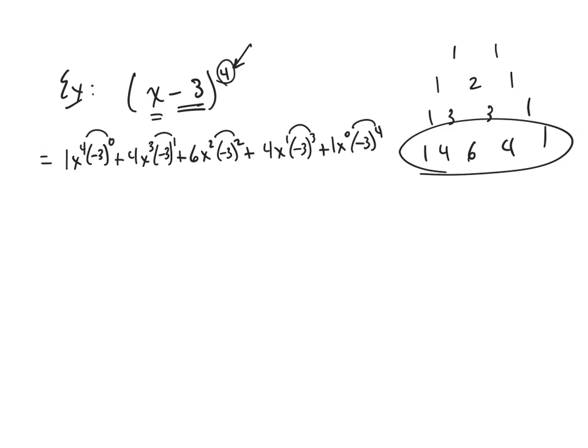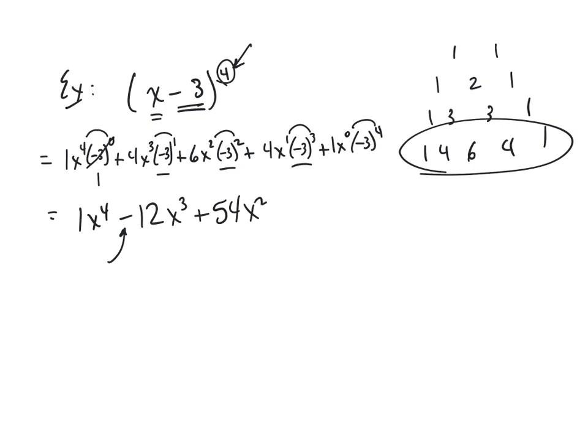Okay? But again, using your calculator or just doing this in your head, anything raised to the 0 power is 1. So 1 times x to the 4th is 1x to the 4th. Negative 3 to the 1st is negative 3. So 4 times 3 is negative 12. Please notice the negative there. Negative 12 x to the 3rd. Negative 3 squared is positive 9. So 6 times 9 is 54 x squared.